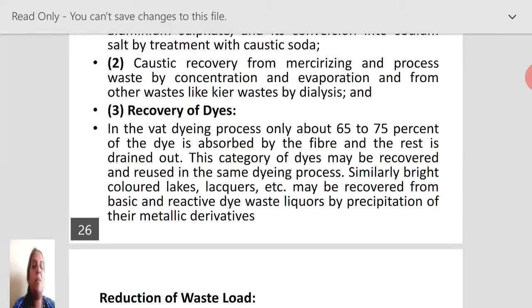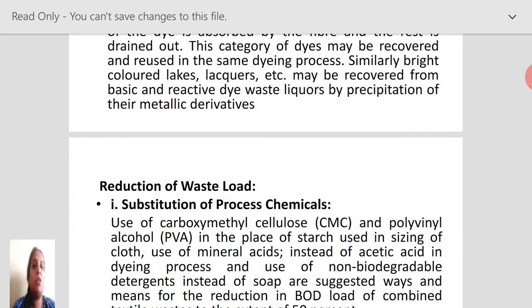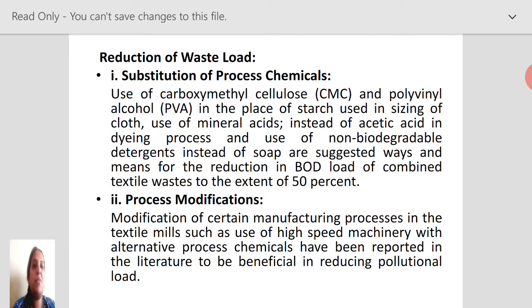The other way of reducing your pollution load is reduction of your waste load by using either substitution of process chemicals or by applying process modifications. So for any industry, the major process to reduce waste is first segregation of the wastewater.